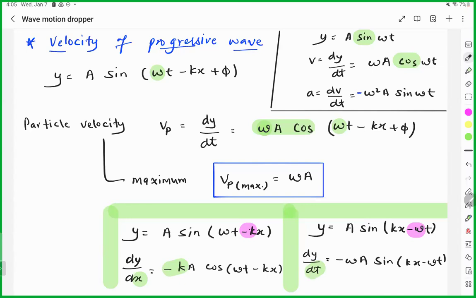Anybody have doubt, let me know. Now we are differentiating with respect to a different thing. Anybody have doubt? No, sir.